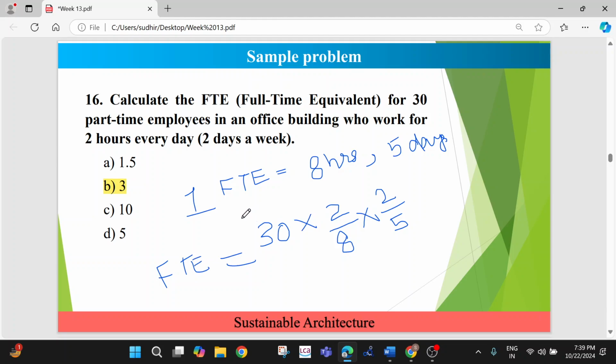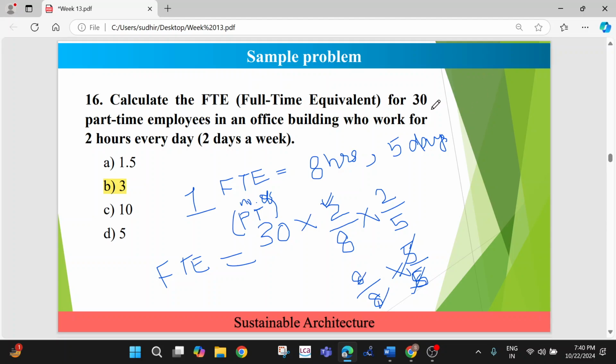So you have to mention how many part-time employees are there who are conducting the work, and then you have to mention how many hours they are working. For example, if they are working 8 hours like full-time employees, and if they are working 5 days like full-time employees, then they will be directly working like full-time employees.